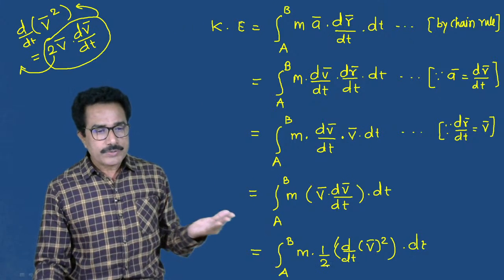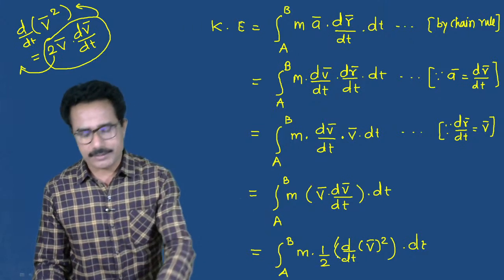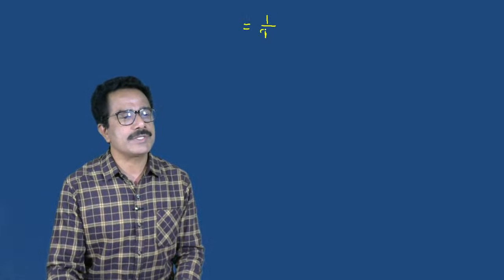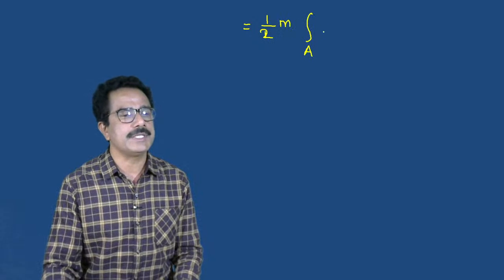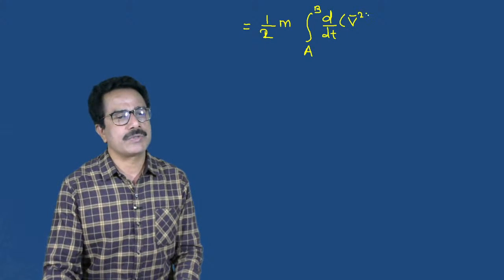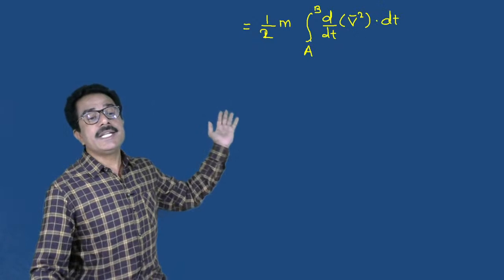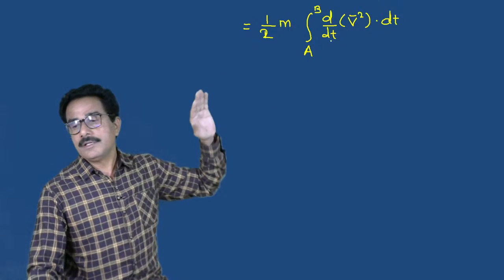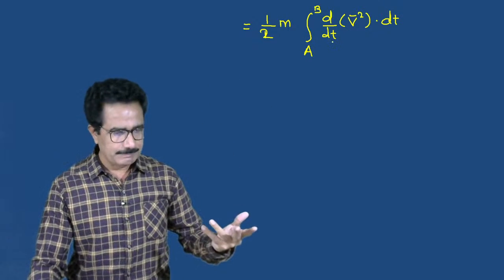So 1 by 2 and m both are constant quantities, so the integration becomes integral from a to b of d by dt of v bar square into dt. Now see this, integration and derivative are inverse of each other.